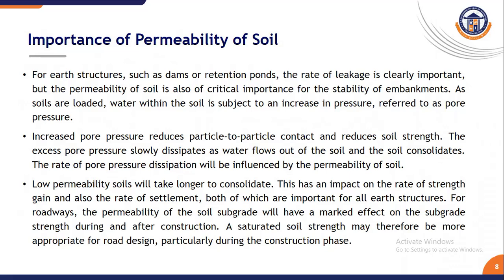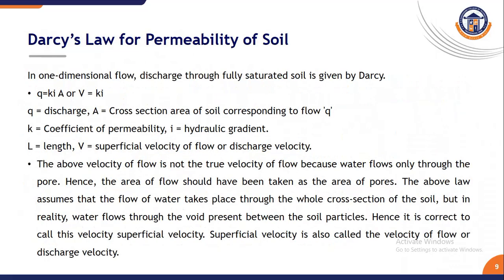Okay, here next one is Darcy's law. This law is very important. It is used to determine the permeability of soil. Here the Darcy formula is Q equals KiA or V equals Ki. Here Q is the discharge, A is the cross-section area of the soil corresponding to the flow, and K is the coefficient of permeability.